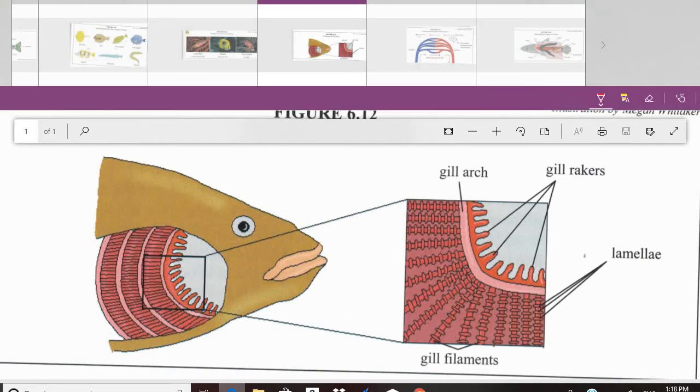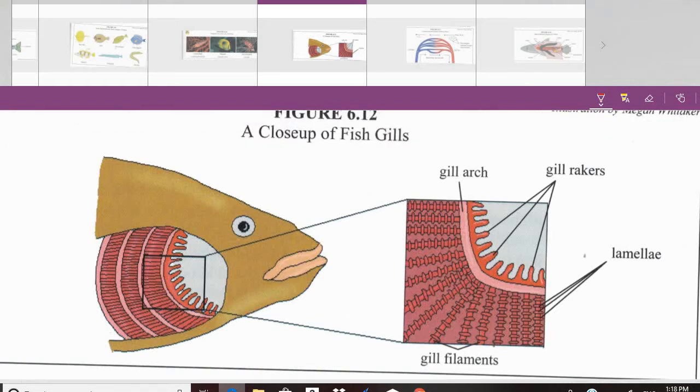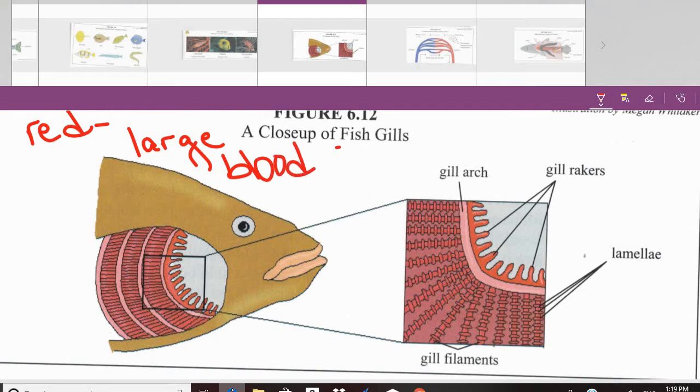But if you look at a fish that is still alive and the blood is still pumping through, the gills are very red. And the reason they are red is because they have a lot of blood flow. So large blood flow through the gills, giving them their red color. And that blood is carrying oxygen that is utilized by the fish.